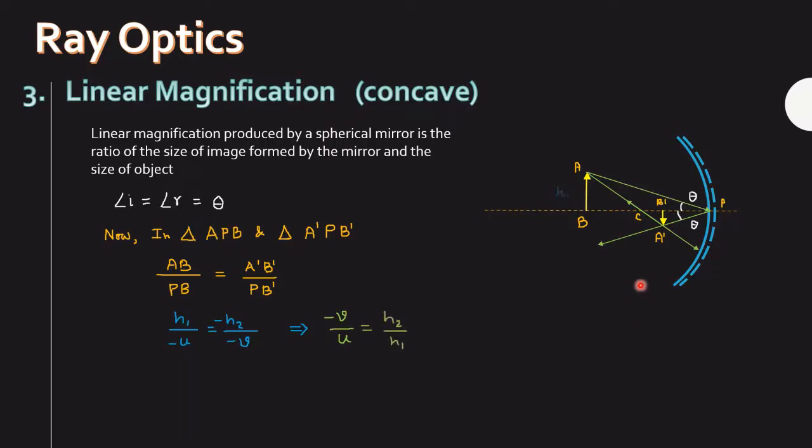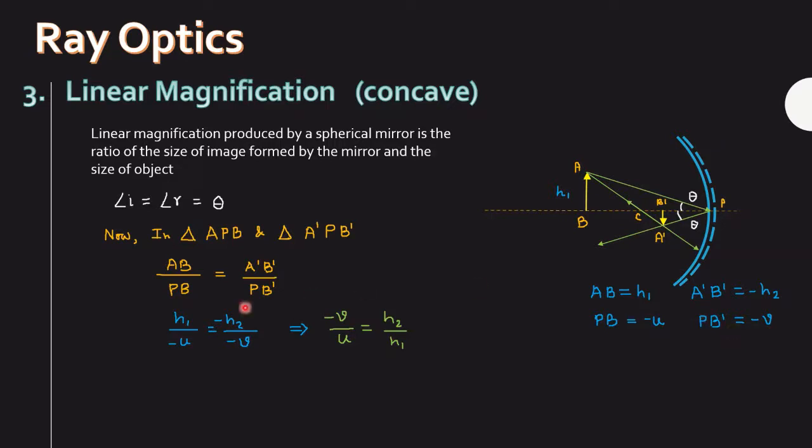Further proceeding into the equation by placing the values of AB, that will be h1, height of object, A prime B prime, that will be minus h2, height of image. The minus sign has been introduced based on the sign convention because the image is inverted, it is inverted downward. PB will be the object distance, and PB prime will be the image distance.